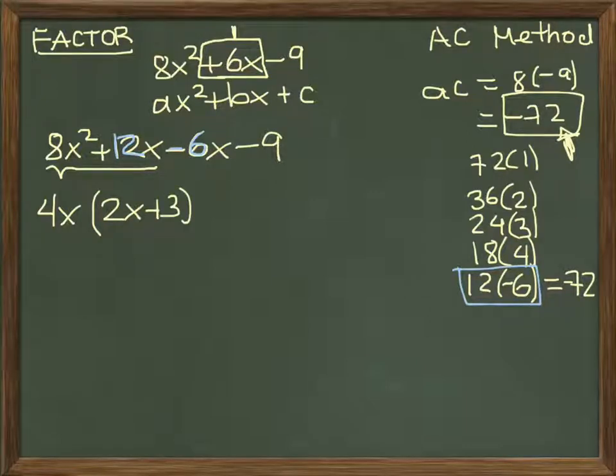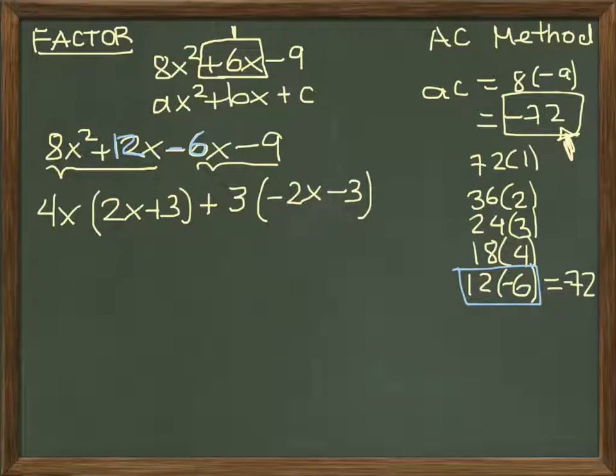Now here I put a plus, and I factor from these two terms what they have in common. At first glance, I think I can factor a 3. But then I have to put a negative 2x here to get the negative 6x, and a negative 3.